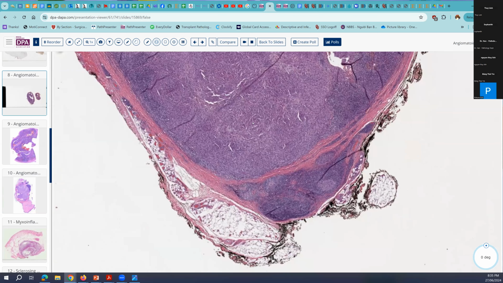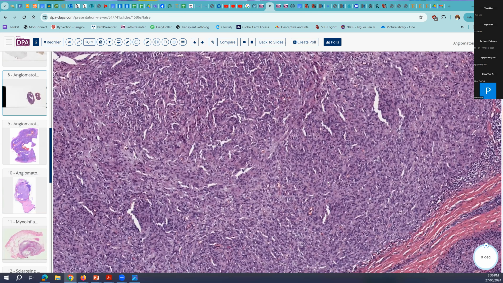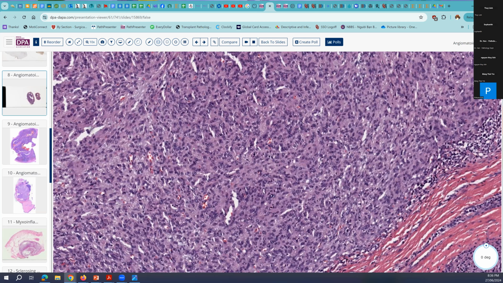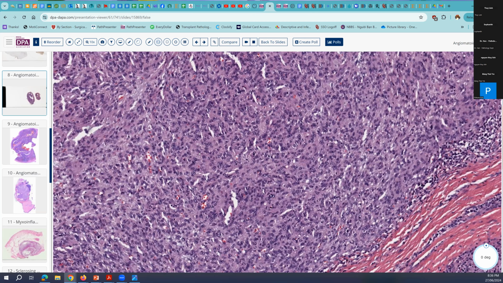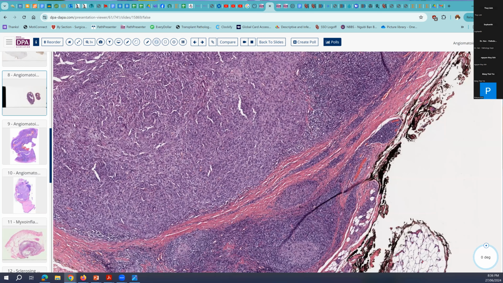But as you look at this higher magnification, you see this sort of histiocytic type of pattern, a lot of cytoplasm and a vascular background, some inflammatory cells in this lesion. Notice some of these have more hemosiderin than others. The inflammatory pattern is a little different in some as opposed to others.